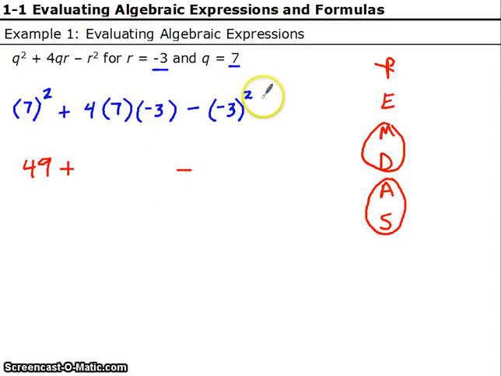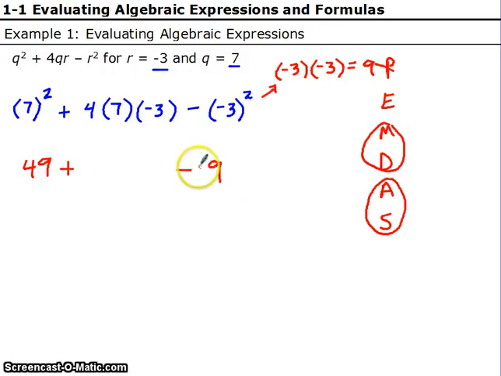Okay, so negative 3 squared. Remember that this squared means you're multiplying this number by itself. So this means negative 3 times negative 3. And when you multiply two negative numbers together, they become a positive number. So negative 3 times negative 3 is positive 9.